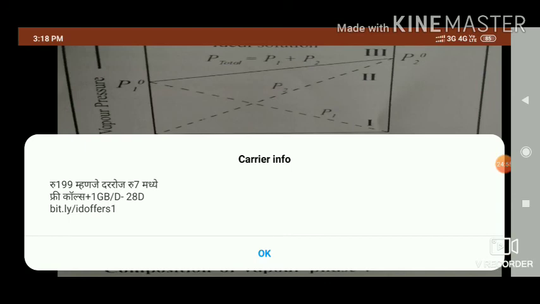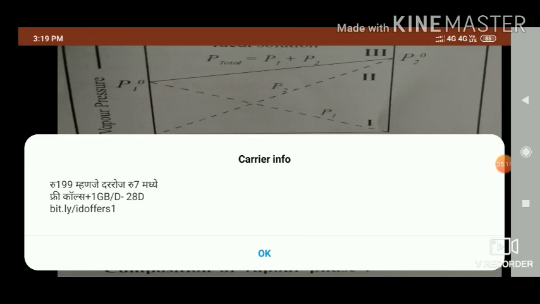For the second component, we consider the point P2 naught. This vapor pressure also decreases, and the total vapor pressure is given by P1 plus P2.